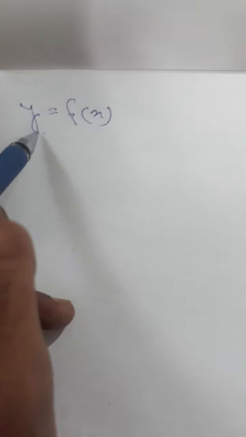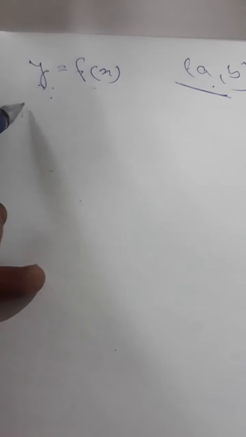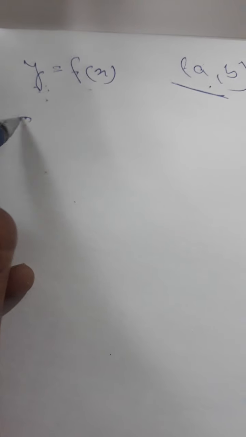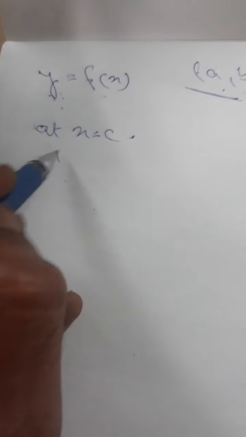Now let y is equals to f of x be a given function which is defined in the open interval AB. This function is said to be continuous at the point x is equals to c if the following conditions are satisfied.